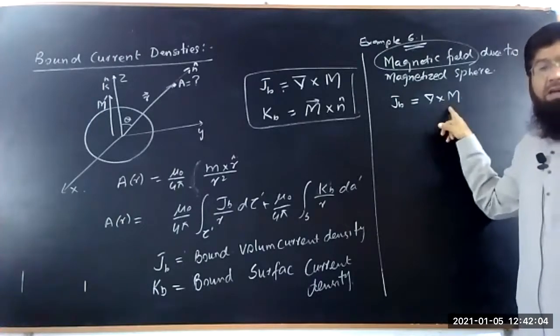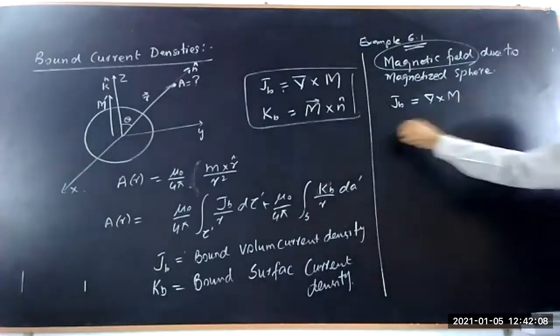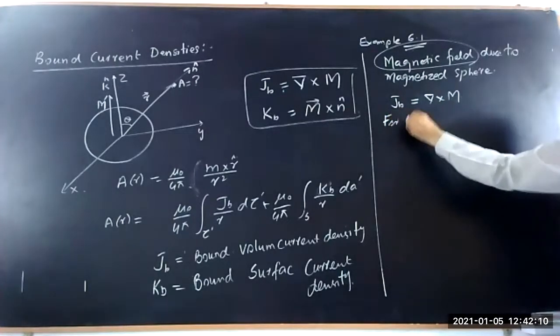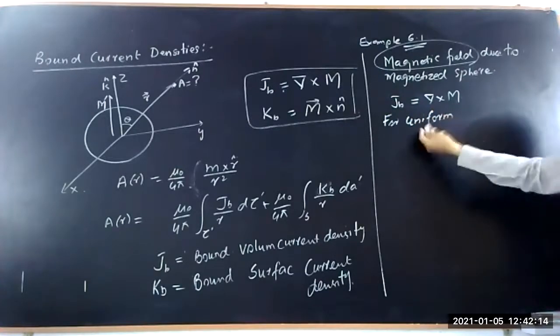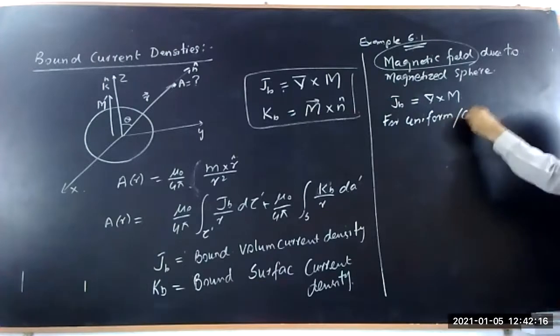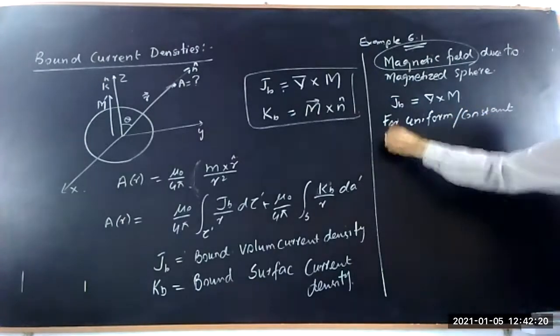So for uniform, or constant, magnetization, the curl of M is equal to 0.